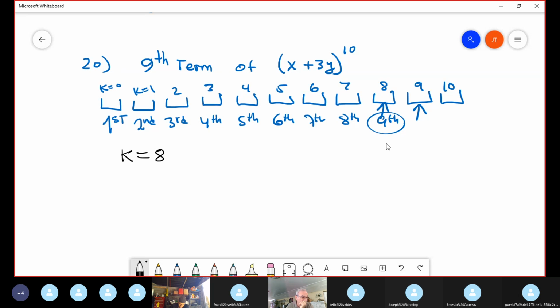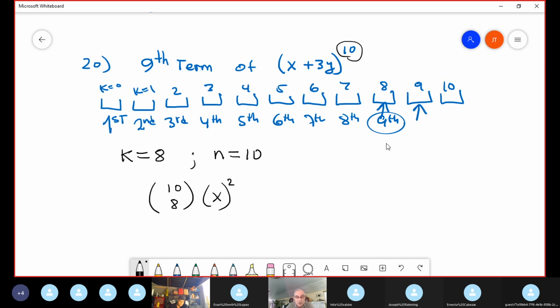Okay, so I go to my formula. If K is equal to 8, and I also know that M is 10, the exponent. So my formula is combinatory 10, 8. X, which is A, raised to the 10 minus 8, which is 2, no?